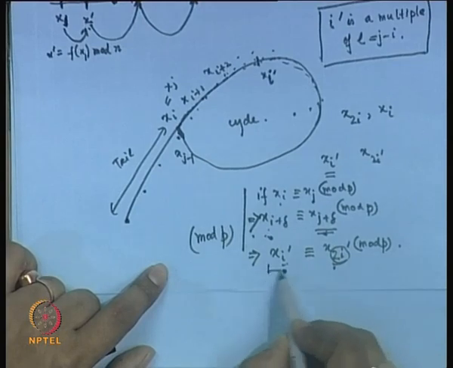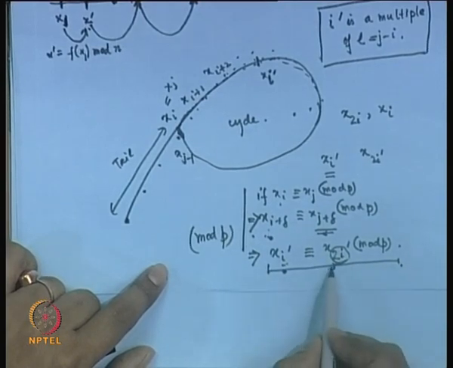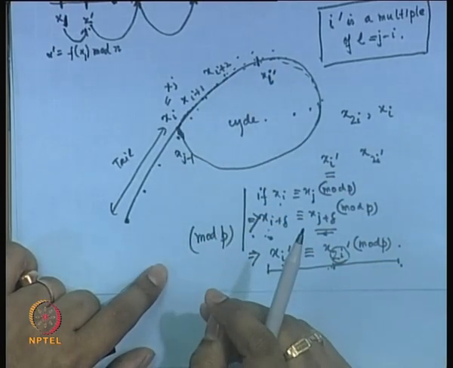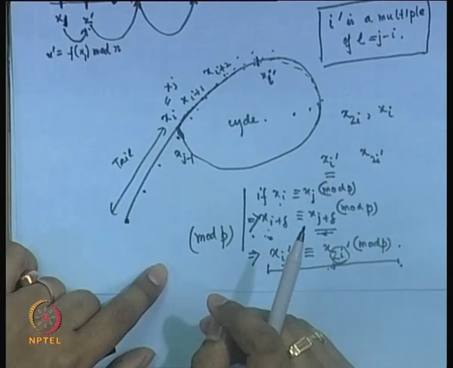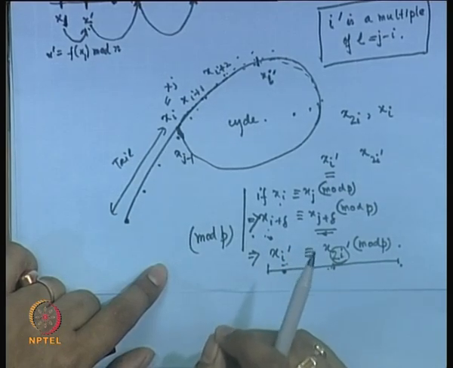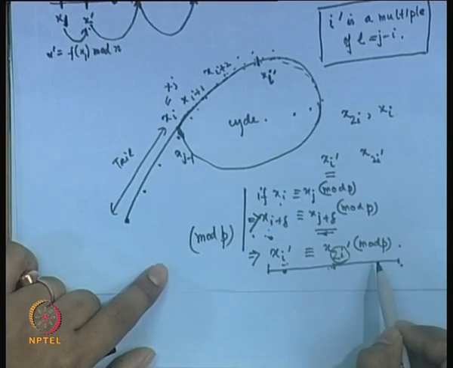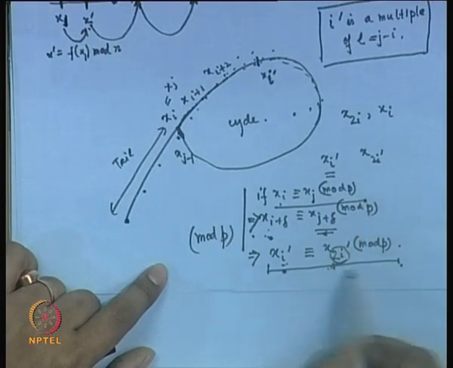So, these two will collide, and such an element is bound to occur, because if you take L consecutive elements, you will definitely find one such value. So, you are bound to get some number which will satisfy this property. Therefore, the idea is that if you get a collision like this, then you are bound to be able to detect this.